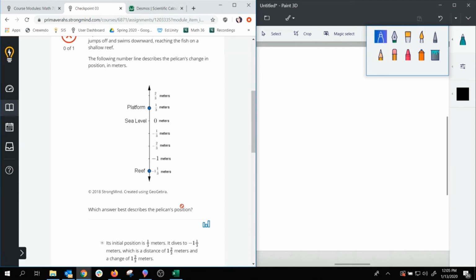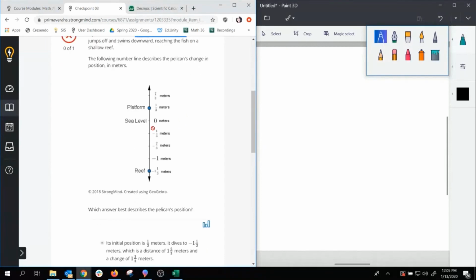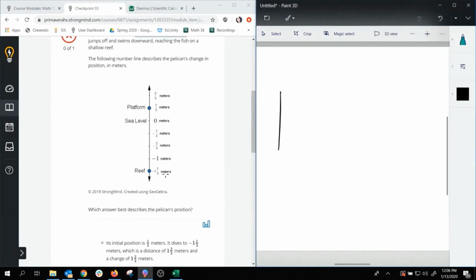So which answer best describes the pelican's position? So it says that he's standing on a dock and sees a fish in the water. Okay. So if he's standing on a dock, I'm assuming that's this platform, right? So he is on this platform that's 1/3 meters above water, and he's diving down to the reef. Okay. So my distance here is going to be 1/3 minus -1 1/3.